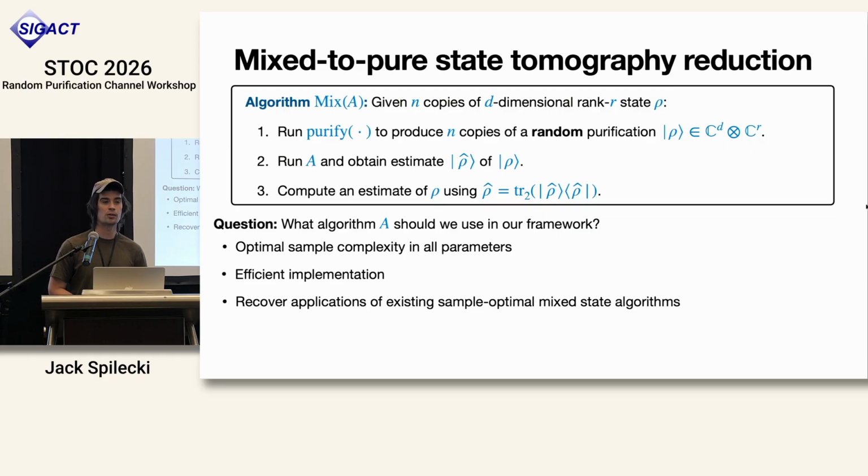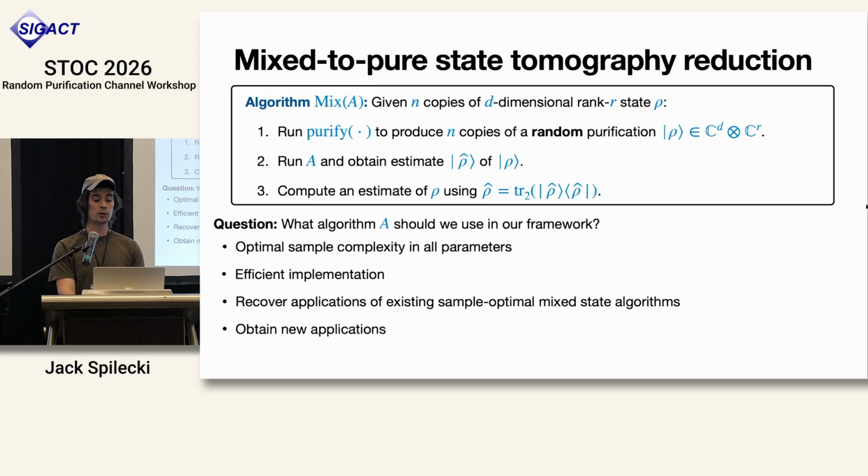A third goal is, I'm going to claim that this is a really nice way to do tomography, so I should at least show you that we can get everything we knew how to do before. So we'd like to recover old applications. And then, hopefully also some new applications, right? This is supposed to be a simple framework for doing tomography. So we should have some more power in analyzing our estimator, and hopefully use that to get some new results as well.